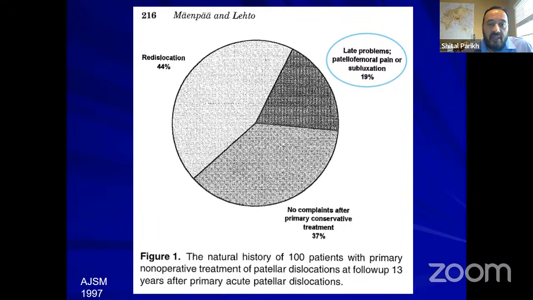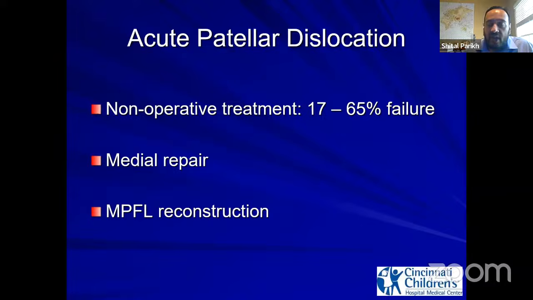So if you combine this with the redislocation rate of 44%, then you're looking at almost a 65% failure rate. Compared to the first study that showed a 17% failure rate, that was just based on redislocations. If you combine other issues that the patient may have, now you see that the patients may be failing conservative treatment the majority of the time, or 65% of the time.